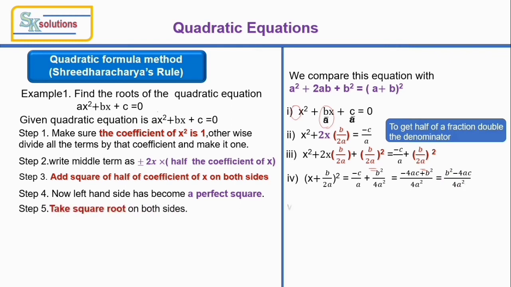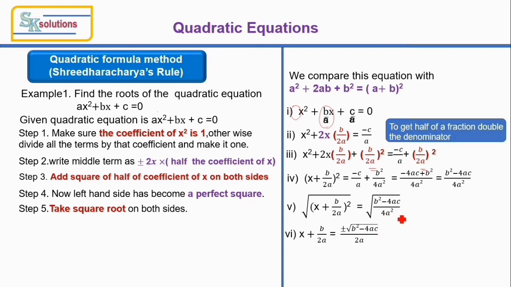Now take square root on both sides. We get x plus b by 2a is equal to, as I have mentioned in the last two cases, you have to take both the positive and negative values, that is plus minus root over b square minus 4ac divided by 2a.